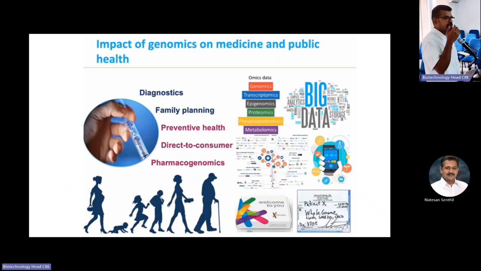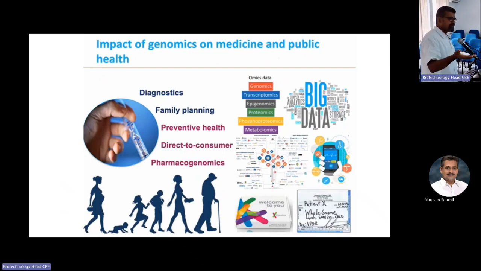The impact of genomics on medicine and public health can be at different levels, starting from early diagnosis. If we have a good biomarker at the genetic level, even 5 years before a person can get cancer, those variations can be found, and the person can be given genetic counseling to overcome the risk, right?